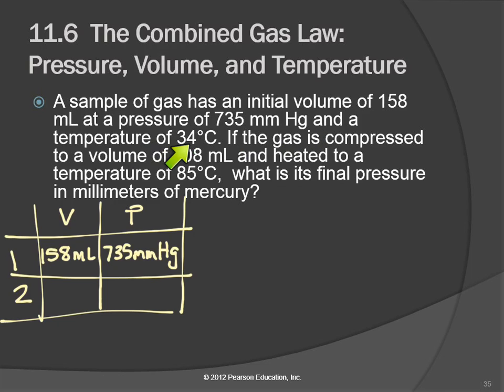And a temperature of 34. Okay, my table's not big enough. 34 degrees Celsius. What do I need to do to the temperature? Convert to Kelvin. So 34 plus 273, that's 307 Kelvin.